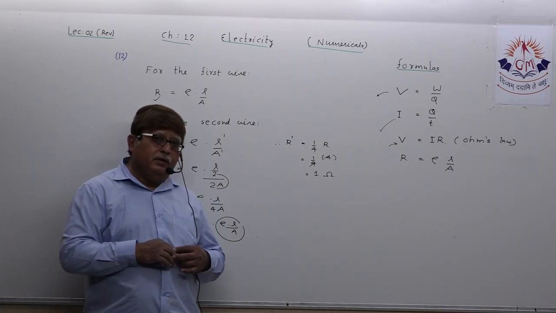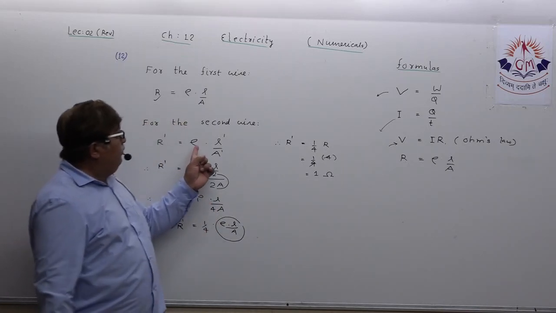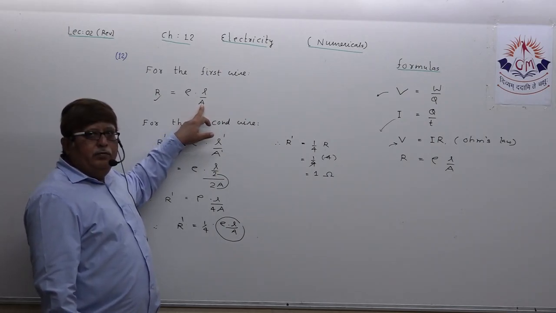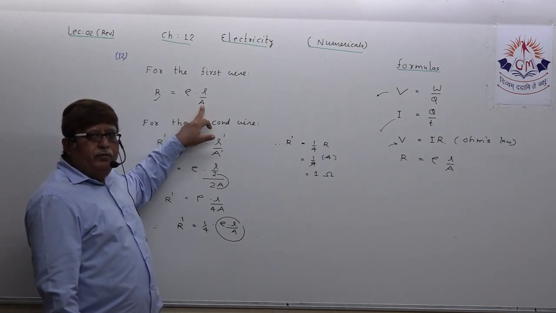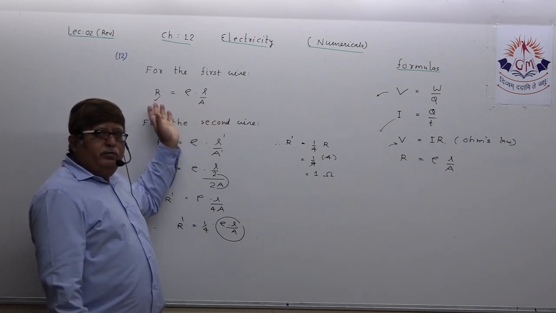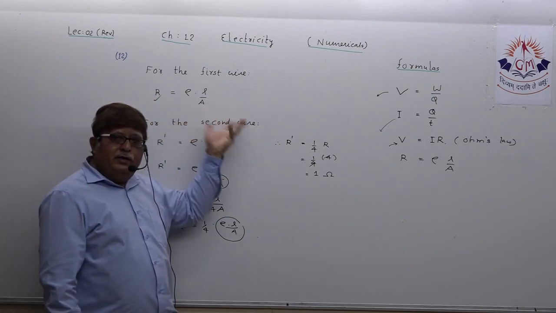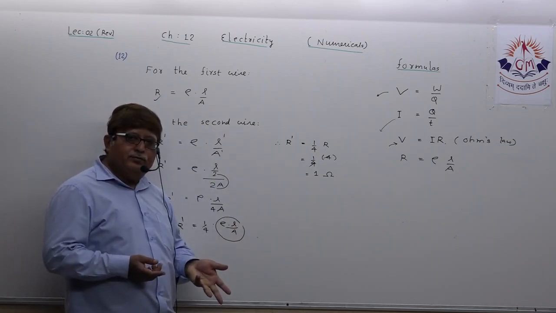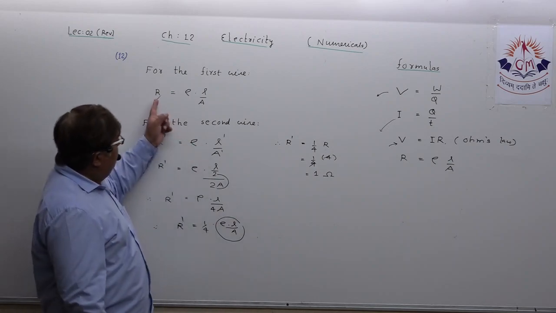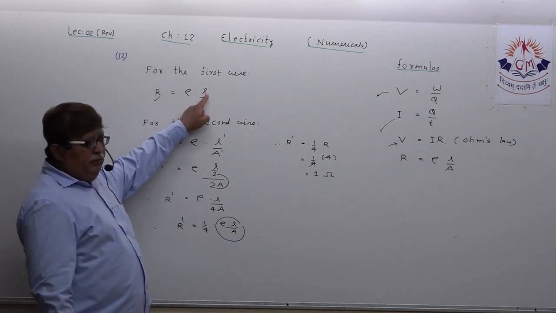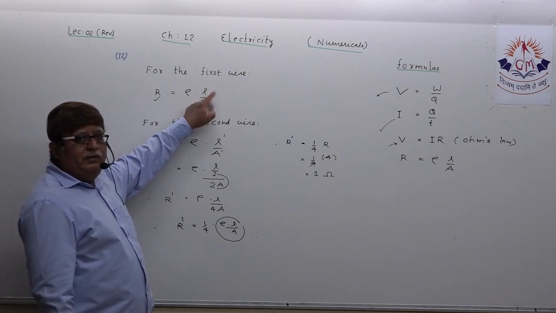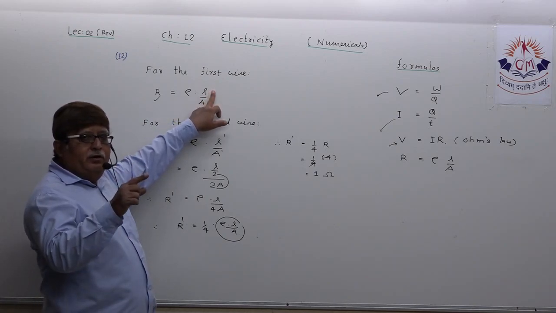Understand, you all know this formula. Now, if you keep the area of the cross section uniform and stretch the length to 3 times, obviously the resistance of the wire becomes 3 times. Simply you have to think this way. Resistance is in direct variation with length. Length double, resistance double.